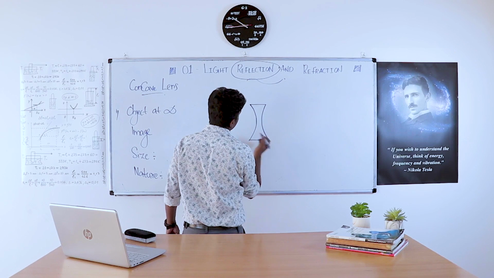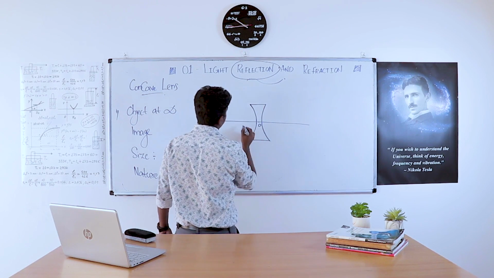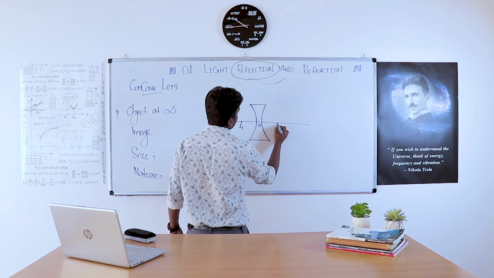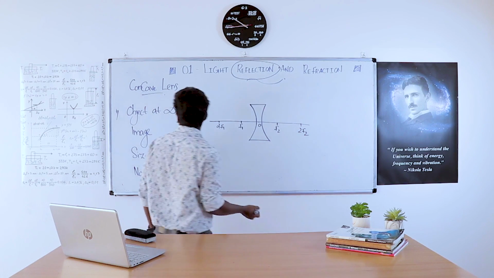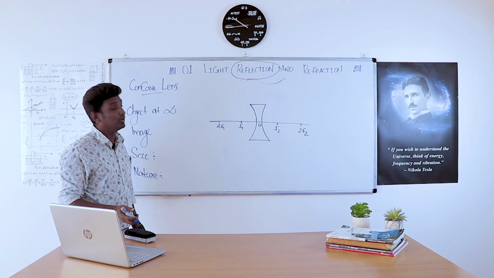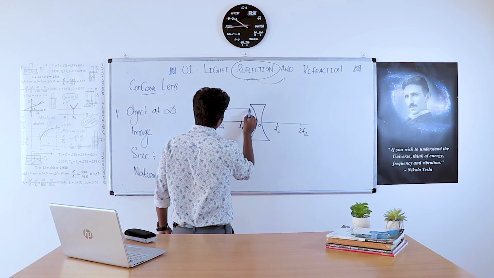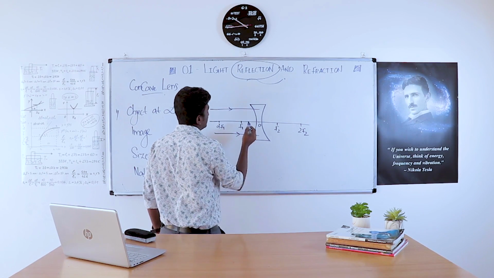This is our concave lens, and principal axis, optic center, F1 to F1, F2 to F2. So the object is at infinity, so we cannot draw the object. Only we can draw the rays coming parallel to the principal axis.